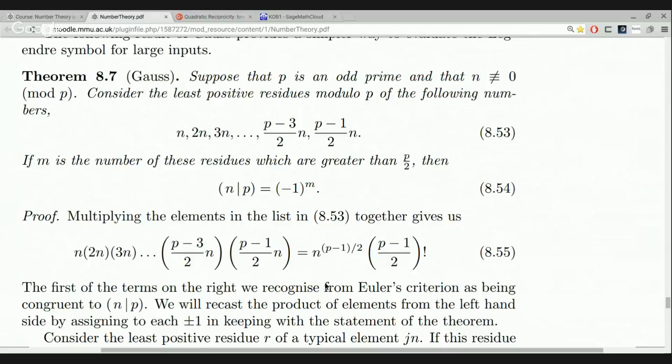That's just the very naive trial and error way of evaluating this straight from the definition. Euler's criterion says we can do slightly better than blind checking. We can actually evaluate this number. We can raise n to the power of (p minus 1) over 2 modulo p. So that's Euler's criterion.